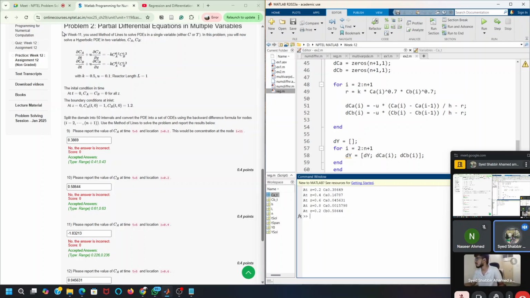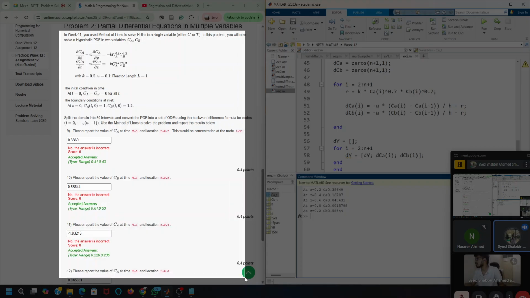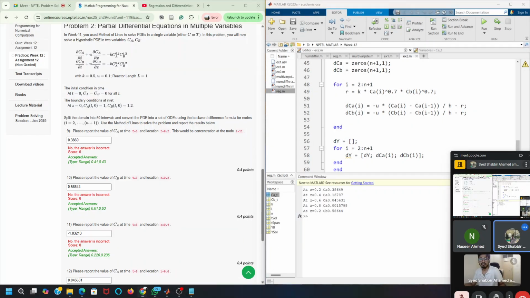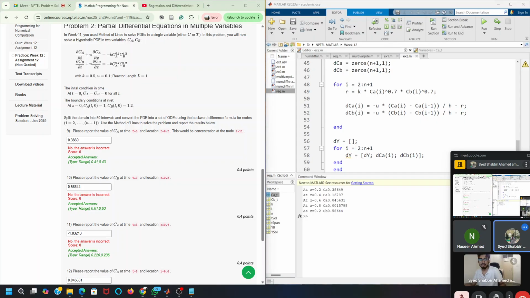Just take the solution and use it. There are a lot of errors in this.